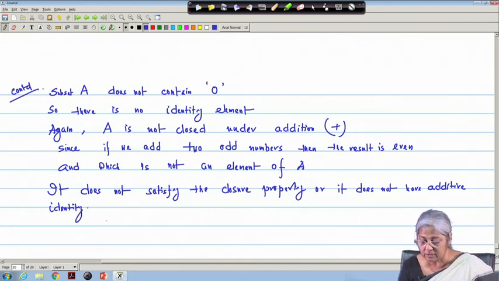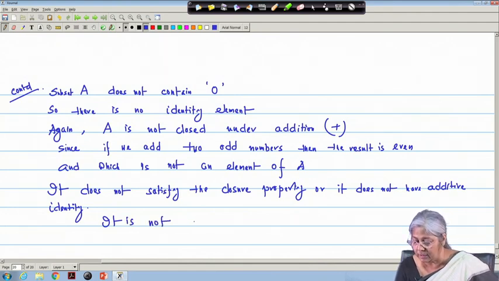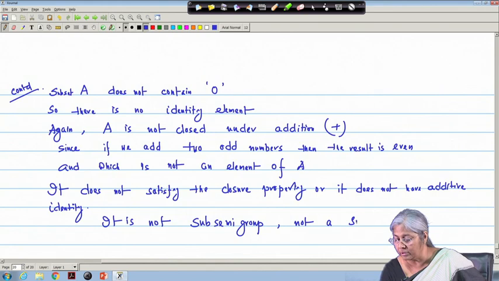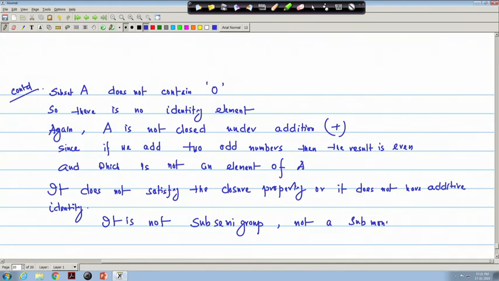So, first thing, A is not a subsemigroup, and also not a submonoid. Okay.